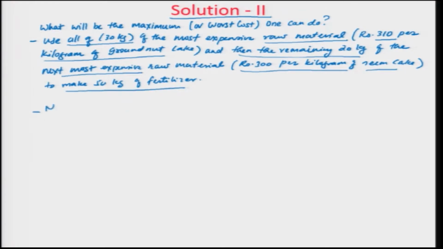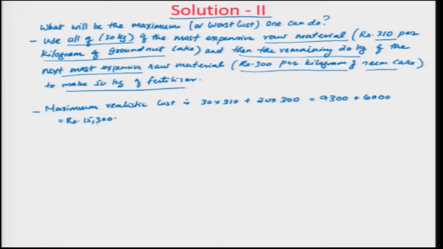This means the maximum realistic cost is 30 multiplied by 310 plus 20 multiplied by 300, which is equal to 9300 plus 6000, which is equal to rupees 15,300. Okay. So, this amount is the maximum realistic cost you can think about for making this fertilizer.